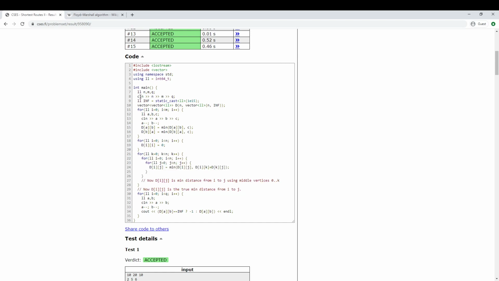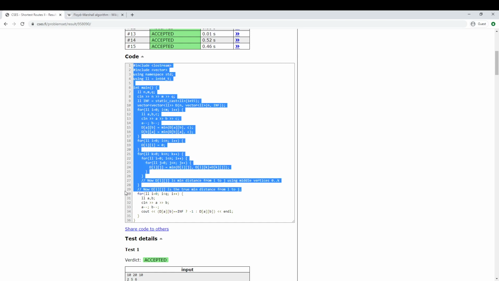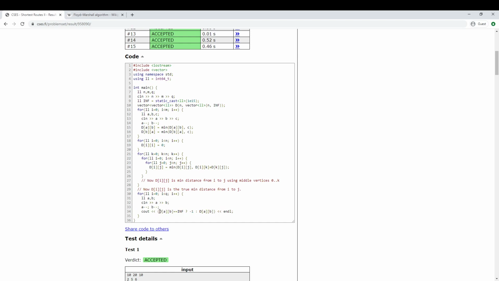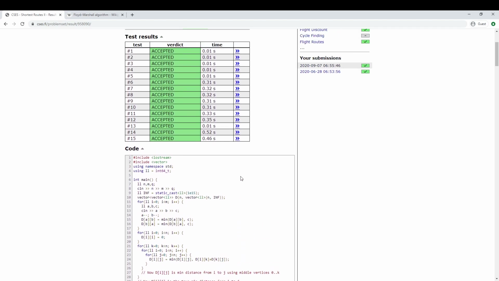Right now, D is basically the adjacency matrix, or just the edge weights, and at the end, D is the minimum distances. And so we can just read out elements of D to answer the queries. The one special case is that there not being a path is represented by the value still being infinity. So I'll put -1 in that case.